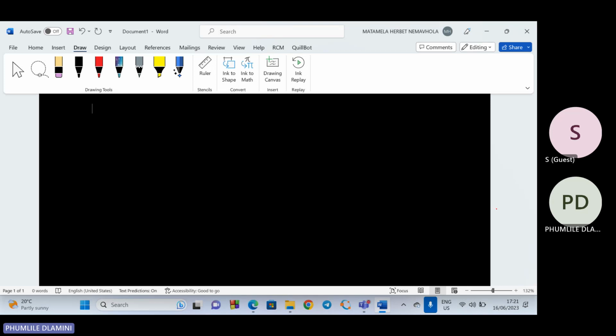So this graph theory that you are studying now, if you are studying computer science, you are going to have it, maybe if you are working in networking.